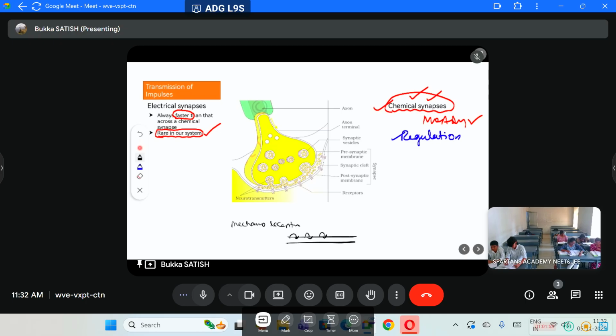Two things here. One is there are some drugs, right? Not only that, low temperature also. Cold, for example, if you see ice, will decrease the speed of conduction.